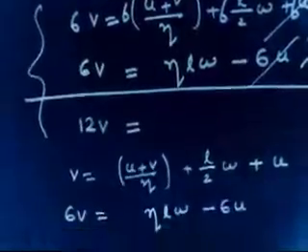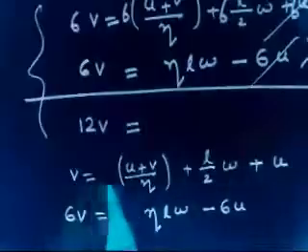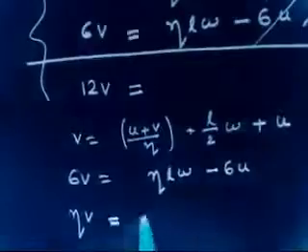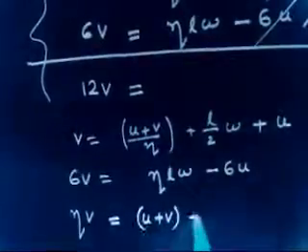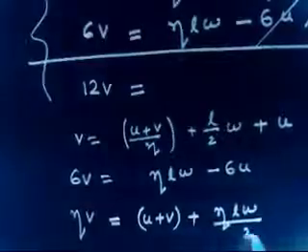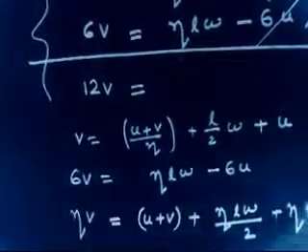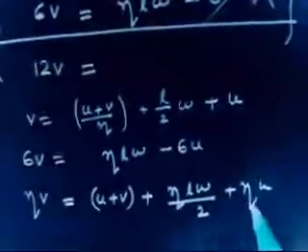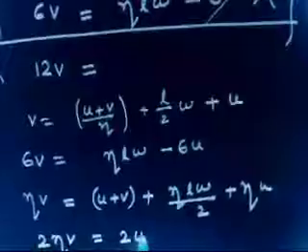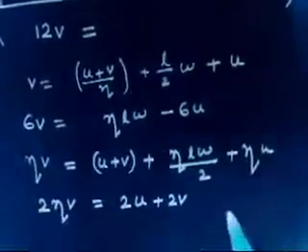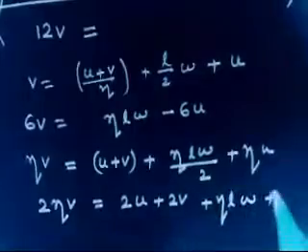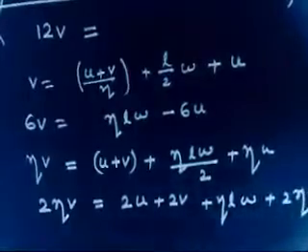If I multiply the above equation by eta, you will have eta v equals u plus v plus eta L omega by 2 plus eta u. Now if I multiply by 2, you will have 2 eta v equals 2u plus 2v plus eta L omega plus 2 eta u. Are you getting?